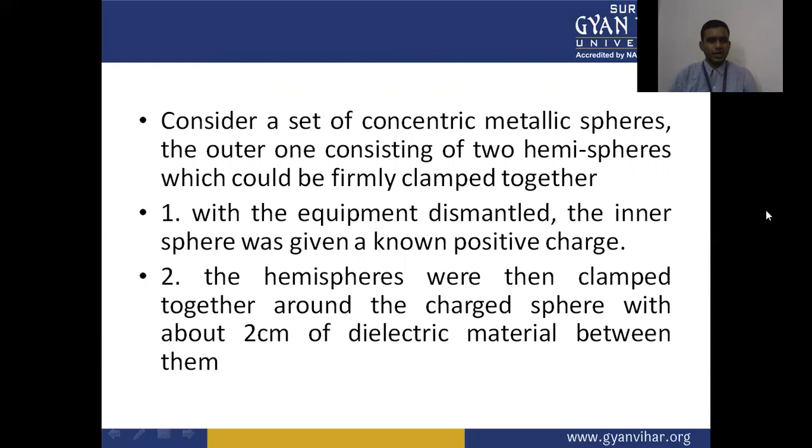Consider a set of concentric metallic spheres, the outer one consisting of two hemispheres which can be firmly clamped together. First, with the equipment dismantled, the inner sphere was given a known positive charge. Second, the hemispheres were clamped together around the charged sphere with about 2 centimeters of dielectric material between them.